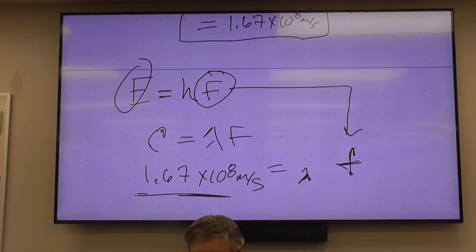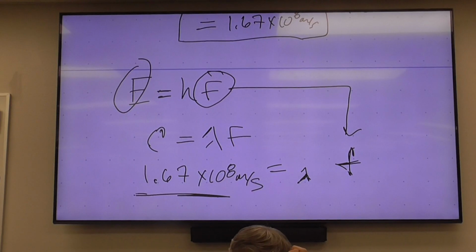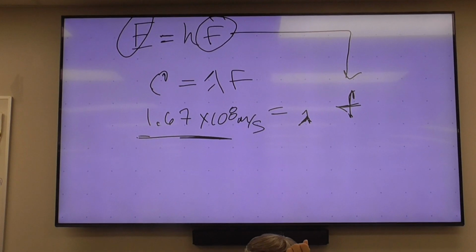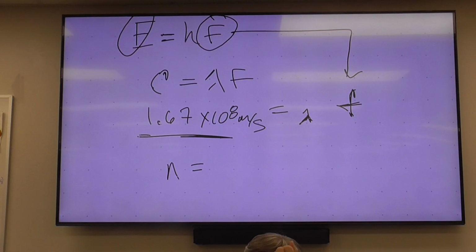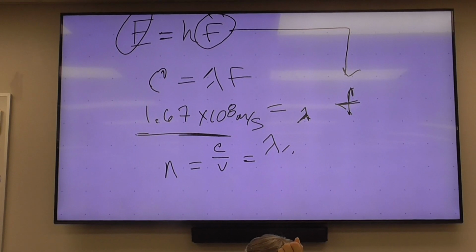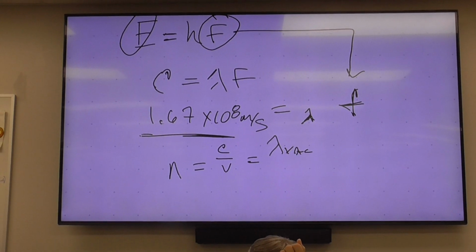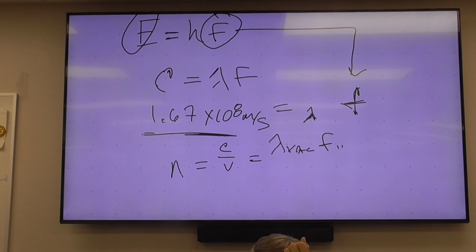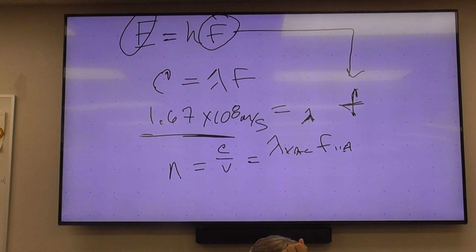Now, let's do a little bit of hocus pocus. Just a little bit. So we just said the index of refraction is c over v, which is the wavelength in a vacuum times the frequency in a vacuum, right?